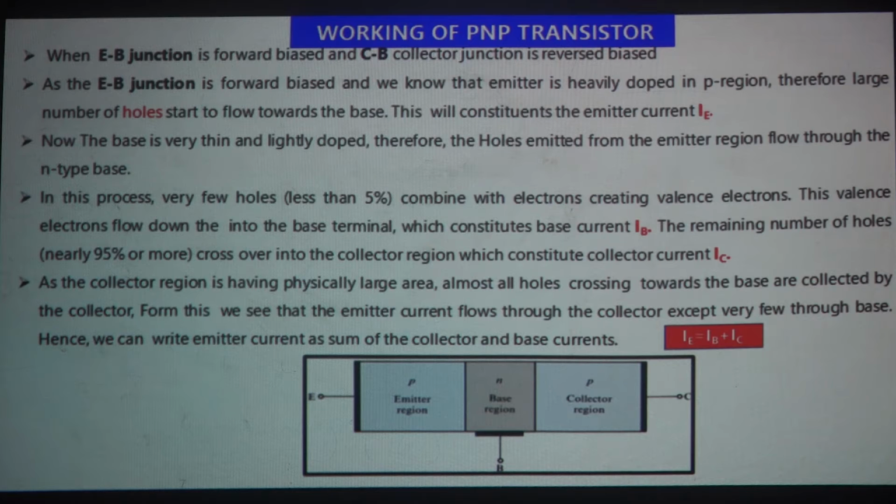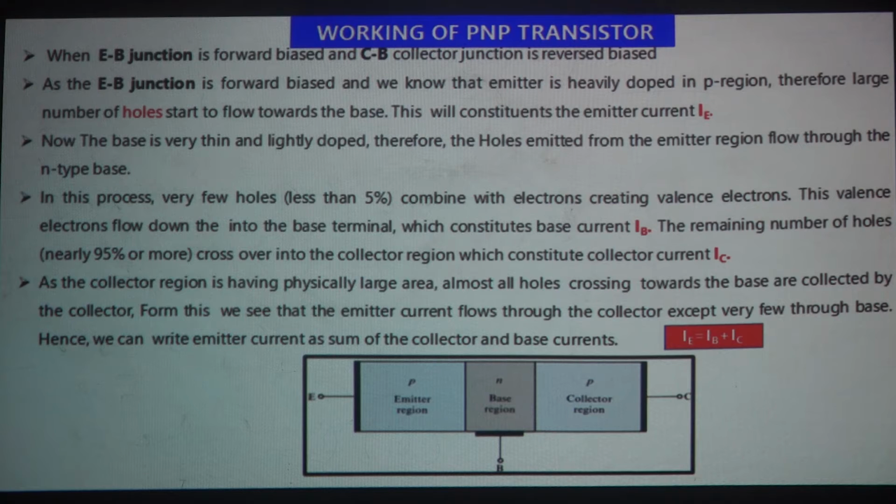What happens in this process is that very few holes, less than 5%, combine with the electrons, creating valence electrons, and these valence electrons flow down into the base terminal and constitute the base current IB.